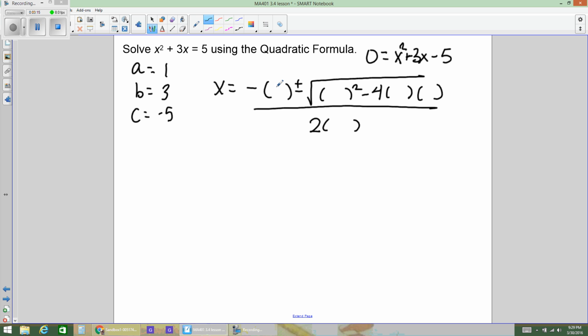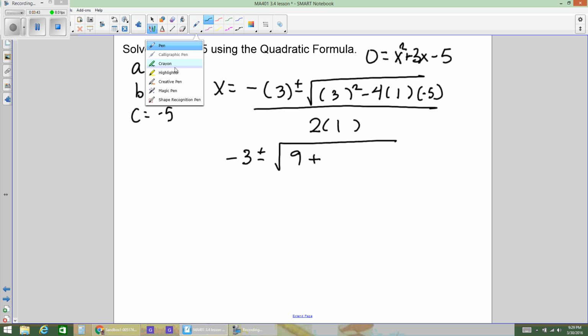Okay, so now let's go ahead and put it all in. It's the opposite of b, b is 3, plus or minus the square root of b squared, again 3, minus 4 times a is 1, times c, which is -5, all over 2 times a. So that's -3 plus or minus the square root of 9 plus, why did I just write a plus sign there?